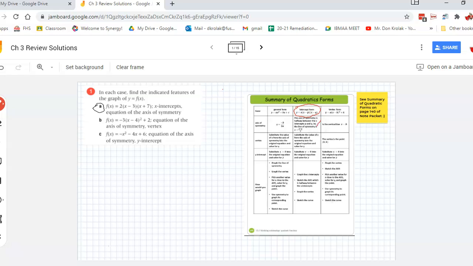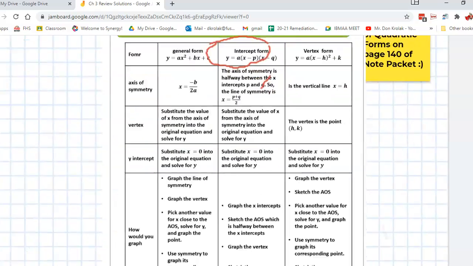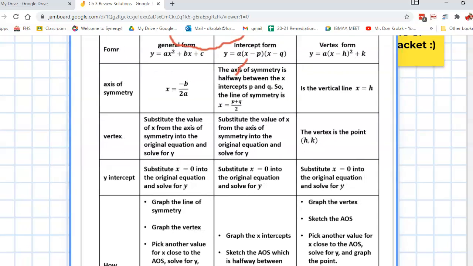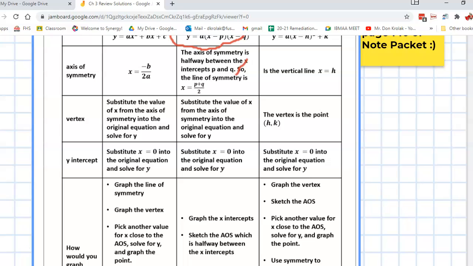All right, so if we zoom in here, to find the x-intercepts and the axis of symmetry, here's our axis of symmetry, which is halfway between the two x-intercepts.